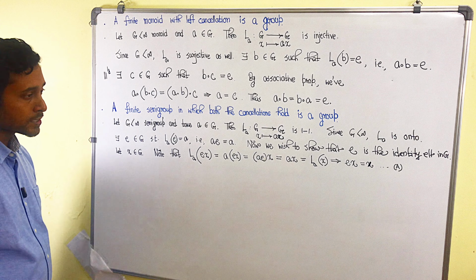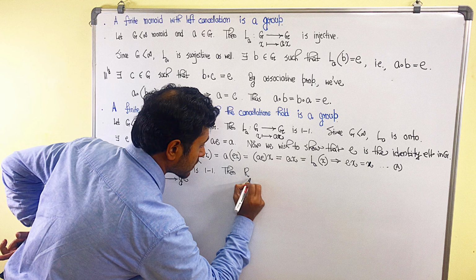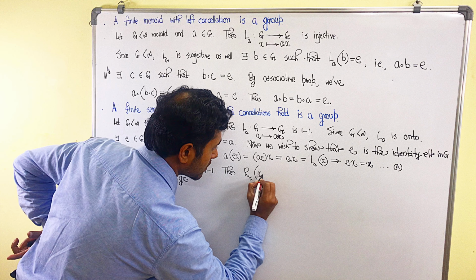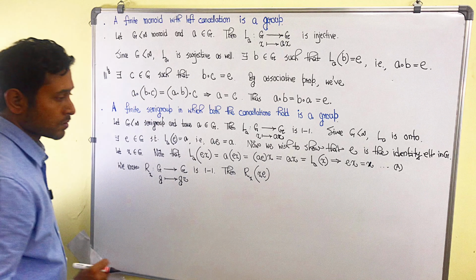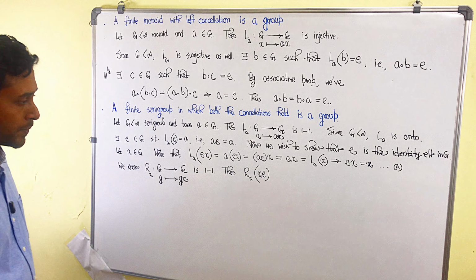What is this quantity if we apply R_x on xe? This becomes xex, and then by associativity x(ex).